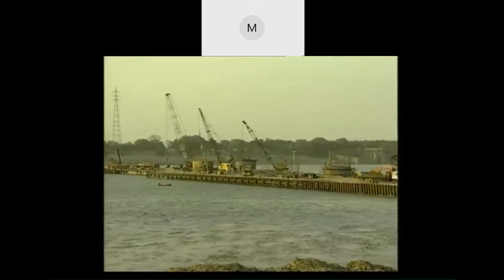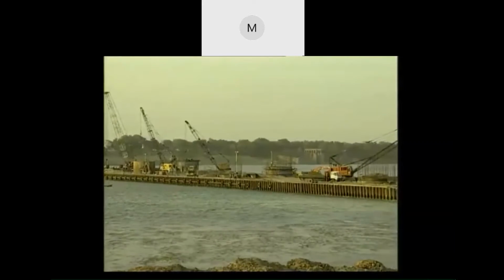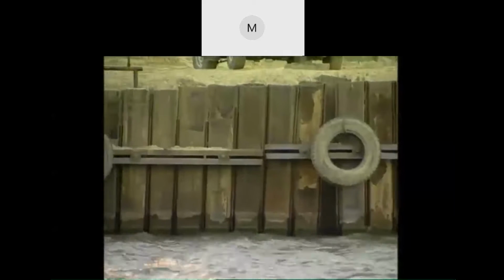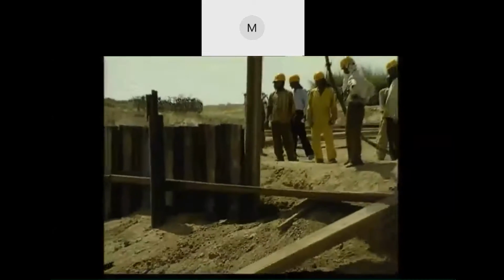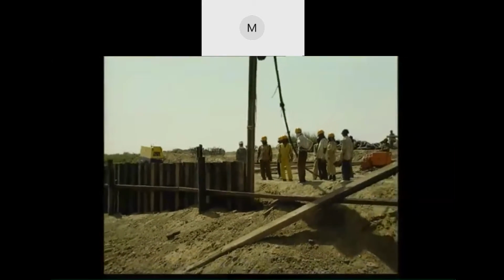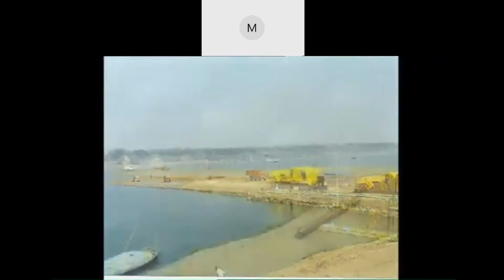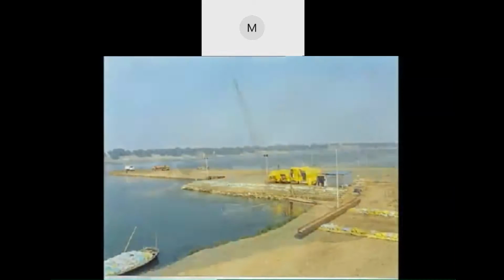The jetty on the Naini side is 260 meters long with double sheet pile enclosure driven by vibro sinkers. The jetty on the Allahabad side is a timber structure 100 meter long.